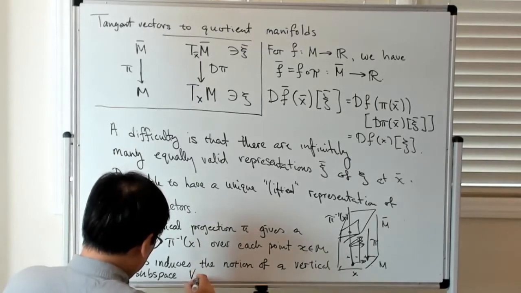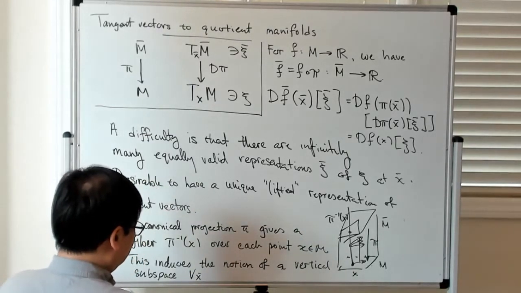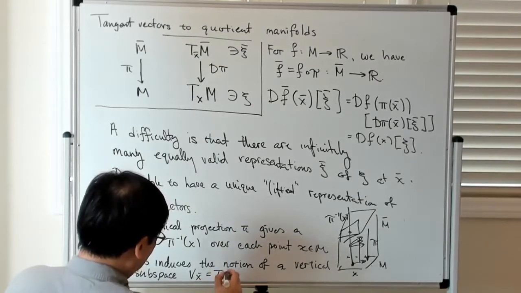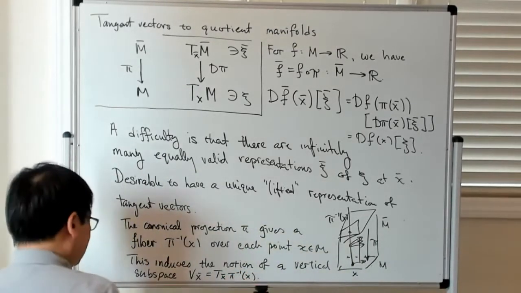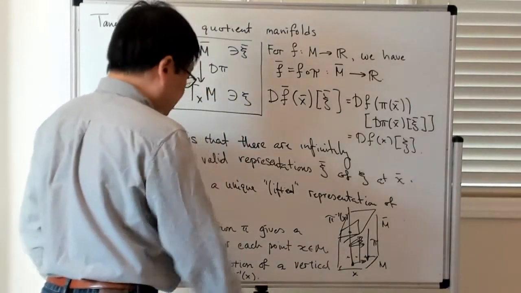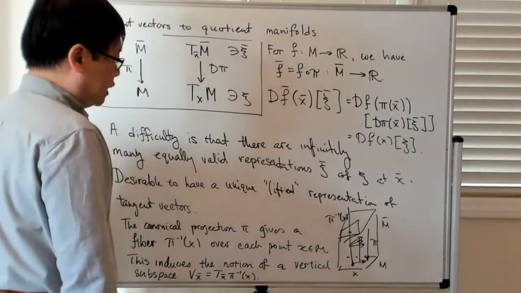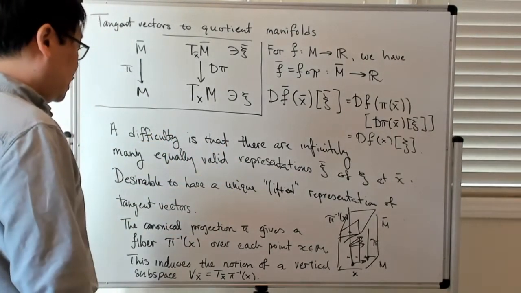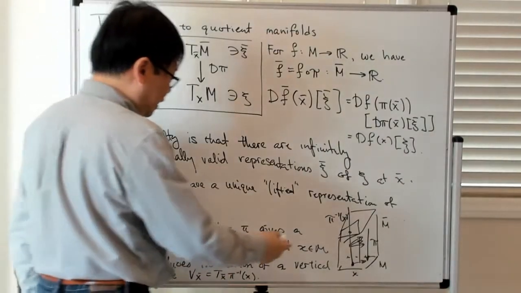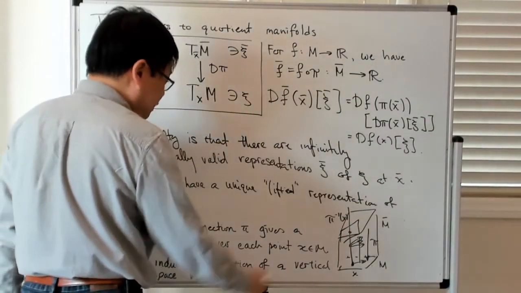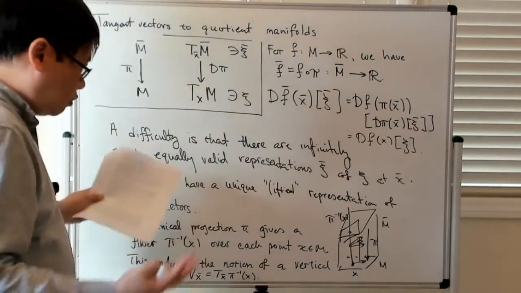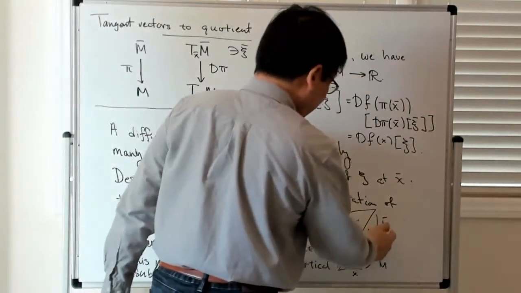Let's call it Vx bar, which is really the tangent space at x bar of pi inverse x. Then you want to find something complementary to that, a horizontal subspace. By complementary I mean that the span of vectors in this Vx together with the span of the vectors in the horizontal subspace is the whole tangent space at x bar of M bar.